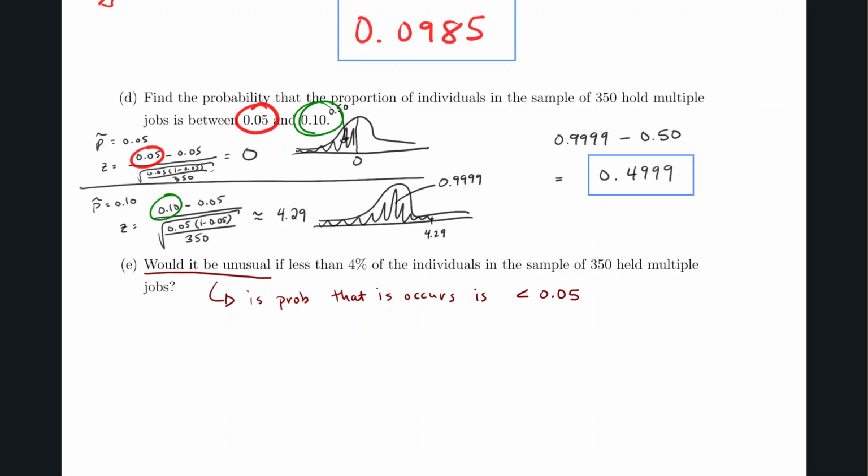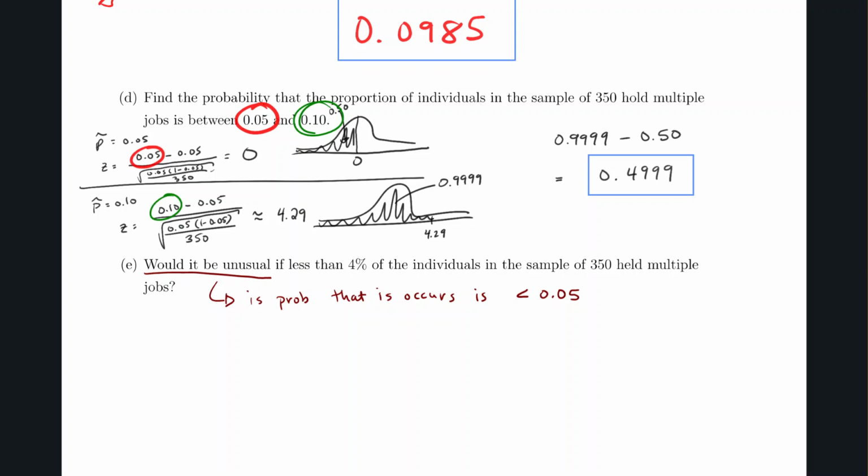Because if it's less than 0.05, it is unusual. If it's greater, it's not unusual. So this problem, through the phrasing of is this unusual, is asking us to connect the idea that I judge unusualness in this class by whether the probability that this event occurs is less than 0.05.